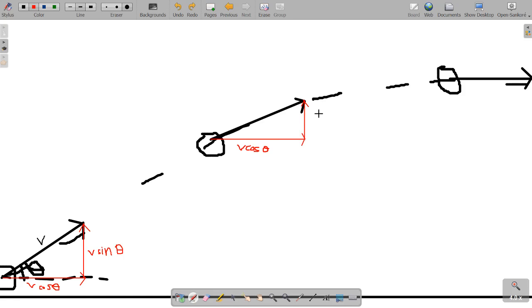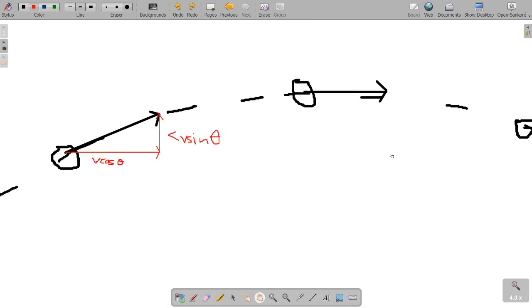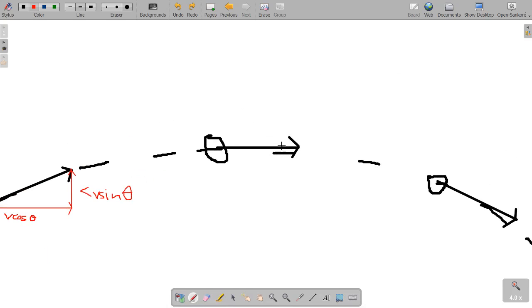But this vertical one is shorter already, so the magnitude is less than V sine theta. At maximum height, there is no vertical component, it's only a horizontal component, and the magnitude of this velocity is V cosine theta from earlier.